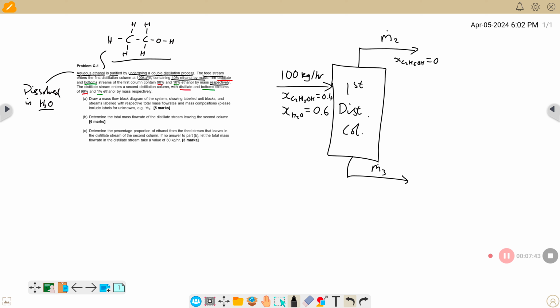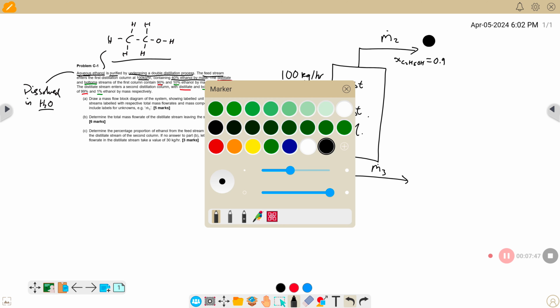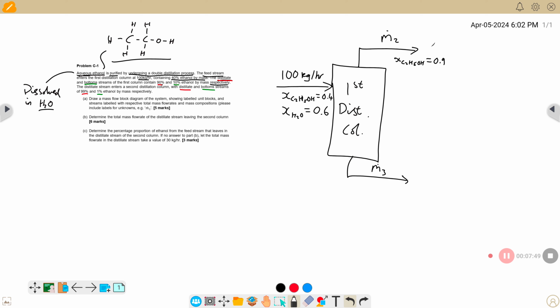And it makes sense that the rest would be water, so that would be 10%.